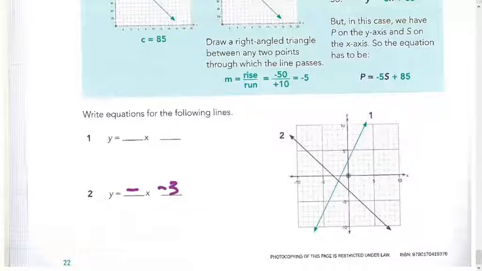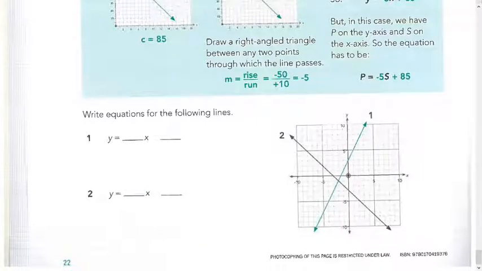Because negative x is the same as negative 1x. Those are the same thing. So I'm happy either way. If it was fill in the blank, though, I'd probably put the 1 in just because it looks good.